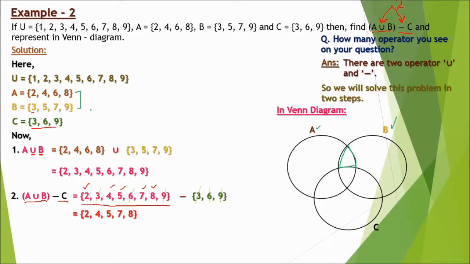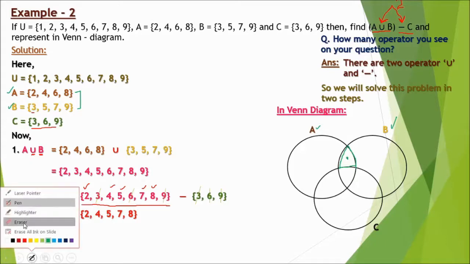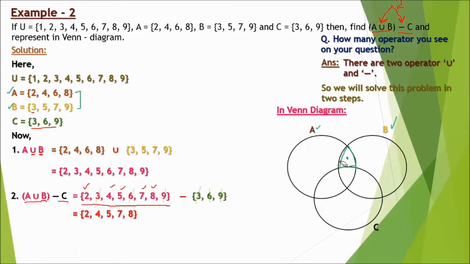None of the elements are common on set A and B, as set A is the set of even numbers and set B is the set of odd numbers. So this area will also be left vacant, empty. We cannot find an element to represent that area.